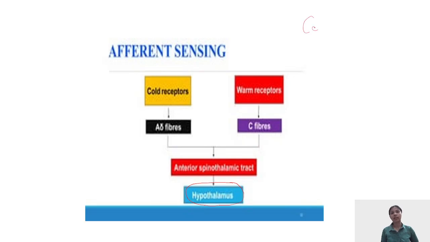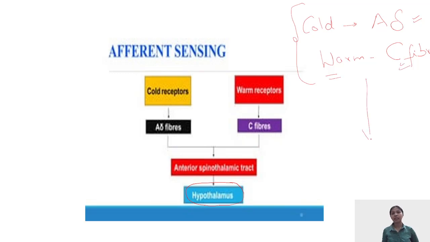For cold receptors, we have A delta fibers, and for warm receptors, we have unmyelinated C fibers. Very important to note, the fibers carrying the cold sensation are A delta fibers, and the warm sensation is carried by your C fibers.